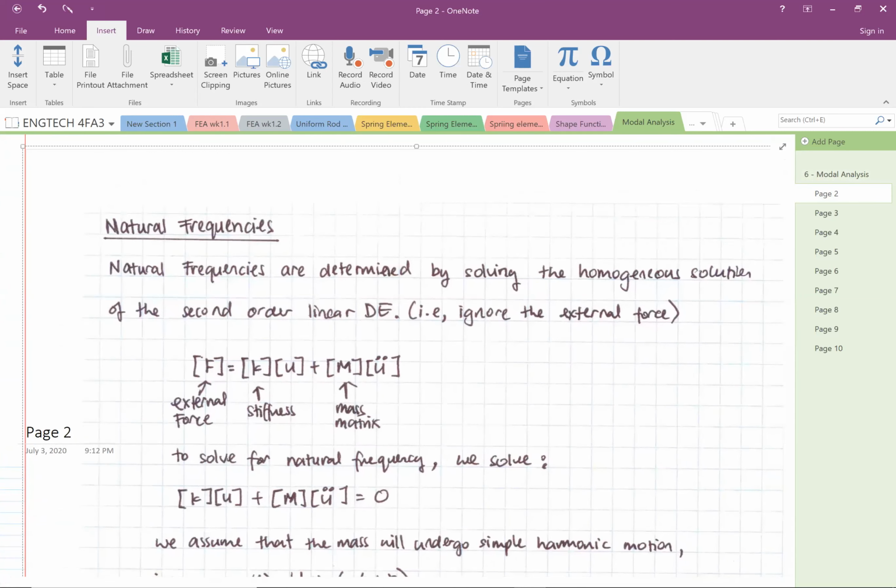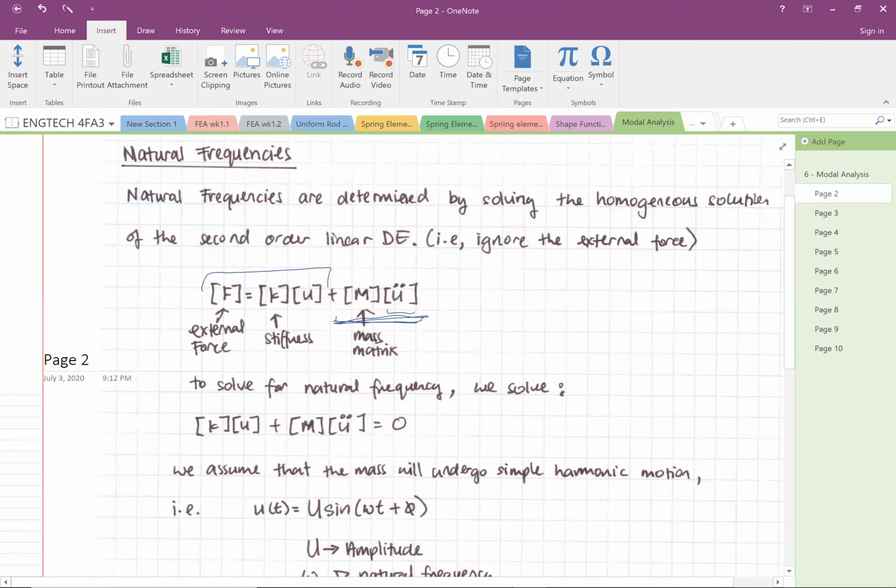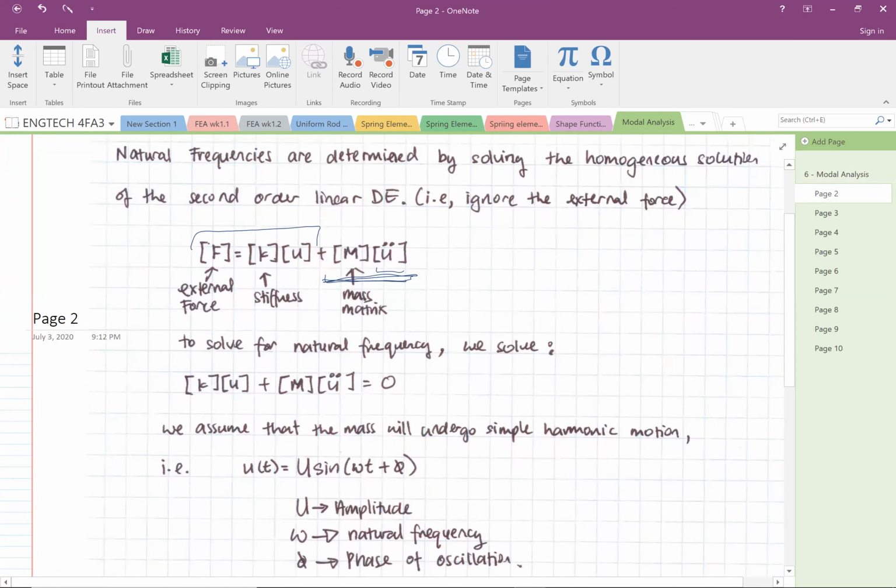Now we put everything into matrix terms. If you just ignore this part, this is what you learned in week 1, right? Nothing fancy. In this class, we just add one little term right here: mass times acceleration. So back to what I said, when the force is let go, the mass just bounces around on the spring, and it's called the natural frequency.